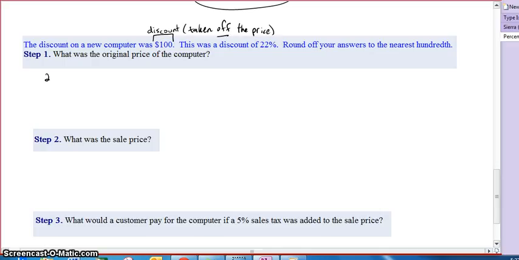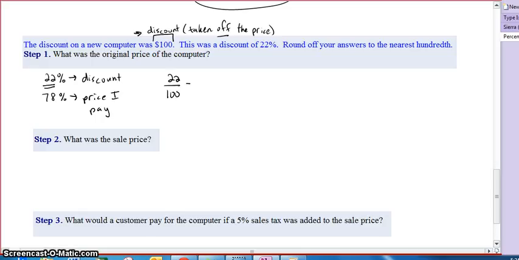So I know that 22% represents my discount, which means 78% represents the price I pay. In this case, it's giving me the discount, so I'm using the 22%.